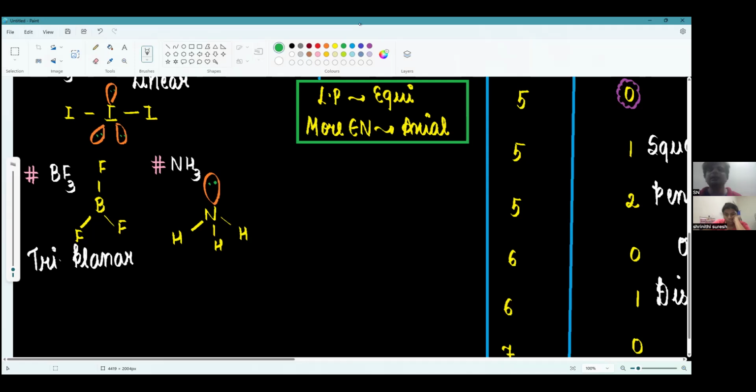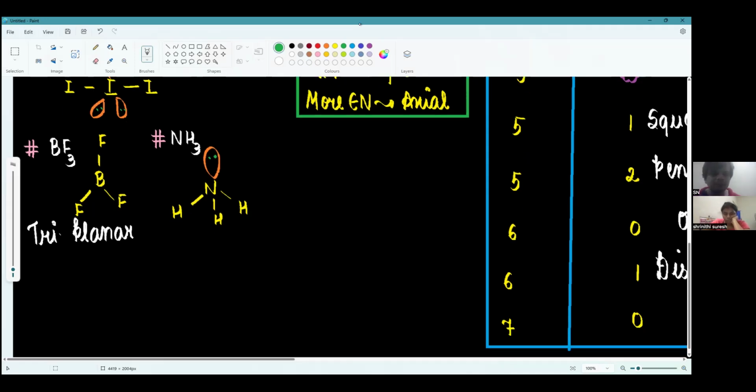How many lone pairs are there? One, right? Okay. Can you see this? Yes, sir. So ignore the lone pair. So there are three bonds. So it looks like a trigonal pyramidal. It is called trigonal pyramidal.